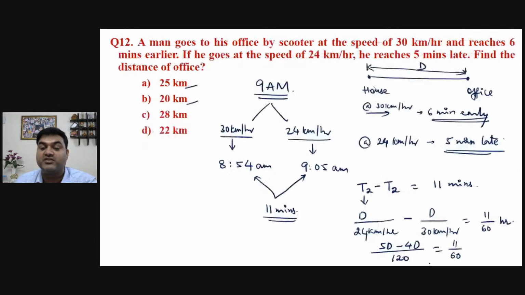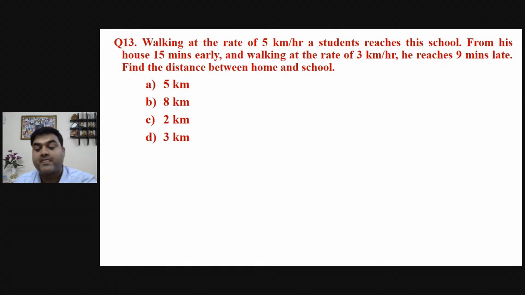Got it? 11 by 60. So 5D minus 4D is 1D. That means, cross multiplying, 1D, that is D, is equal to 2 into 11, which is 22. So the distance is equal to 22 in terms of kilometers. Got it? Got it?